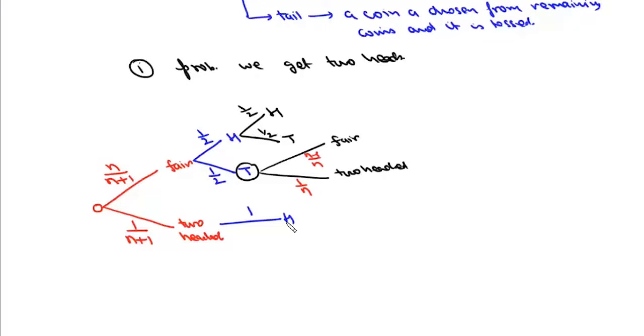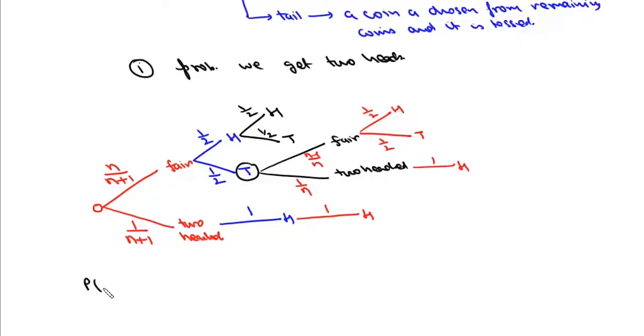In this case it is only head. If it is head, we'll toss this coin again, and again it will result in head; this probability is 1. Now if it is a fair coin, if we toss it we'll get either head or tail, so it will be 1 by 2, 1 by 2. And if it is a two-headed coin, we are sure to get head, and this probability is 1.